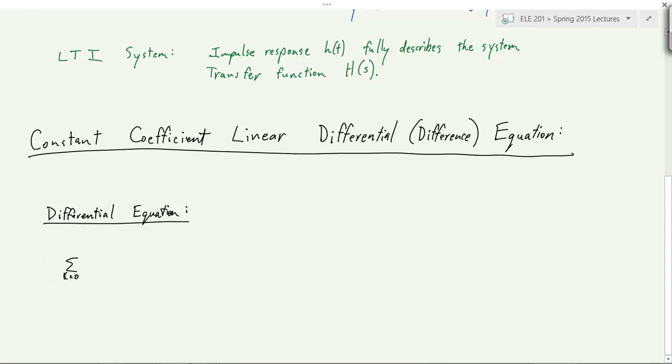The sum from k equals 0 to some constant m of constants times derivatives of x equals another sum of derivatives of y.